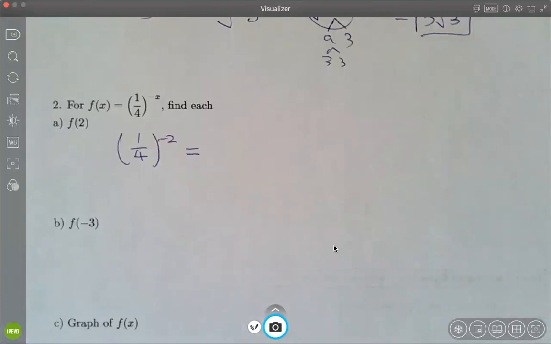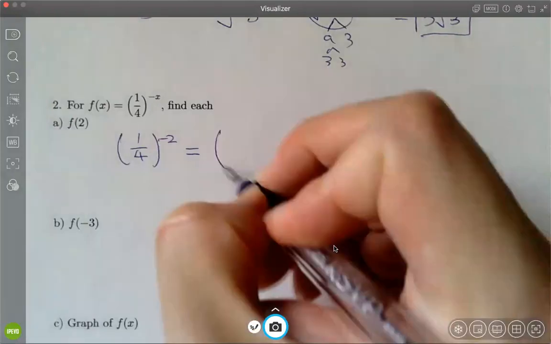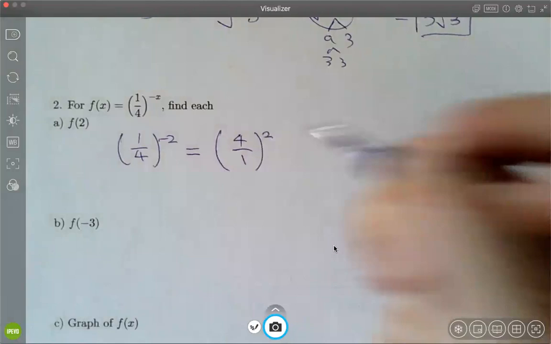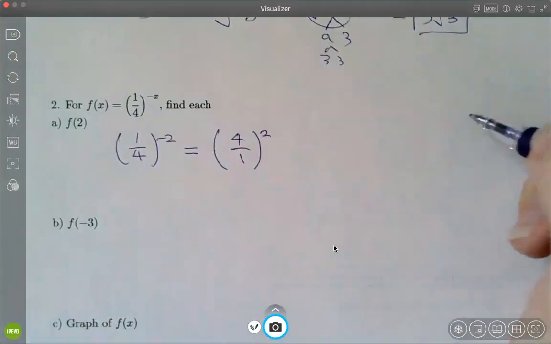Positive 8? +16. Do you see why? You drop the negative sign and then you flip the fraction, so you have 4 squared, which is equal to 16.